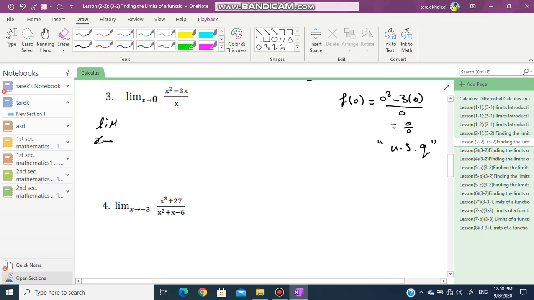Limit x goes to 0, I can take x as a common factor. It will be x times (x - 3) over x. I cancel x by x. It will be limit x tends to 0 of (x - 3). By substituting x equals 0, 0 minus 3 will be negative 3. So the value of the limit equals negative 3.